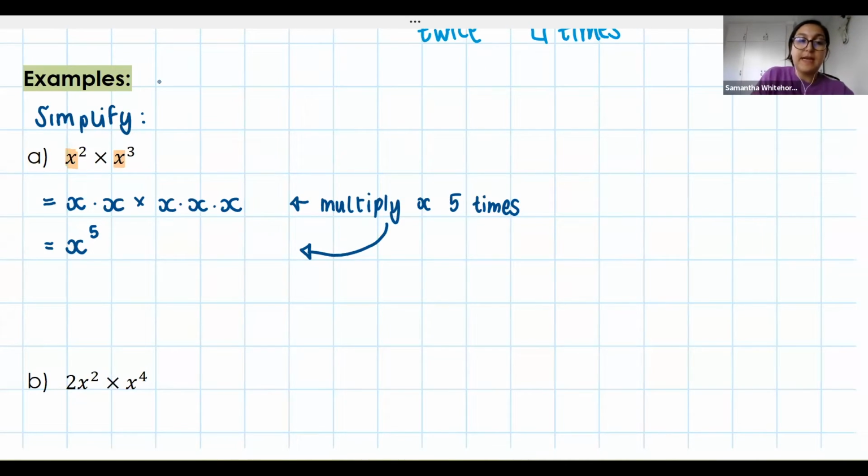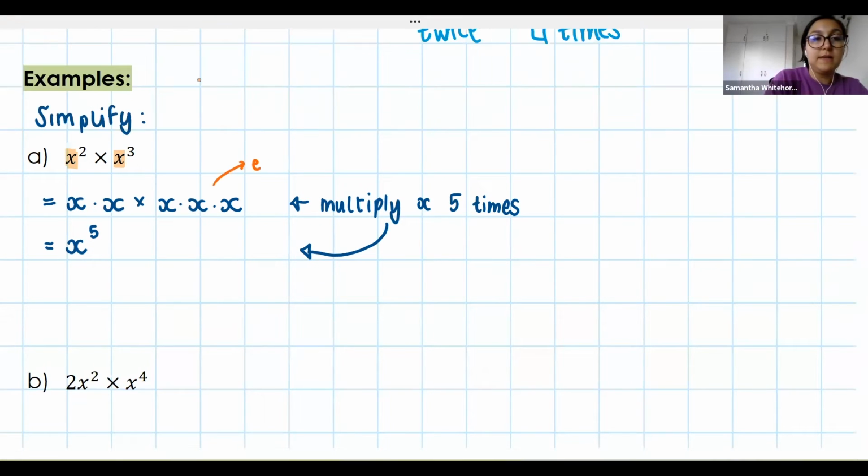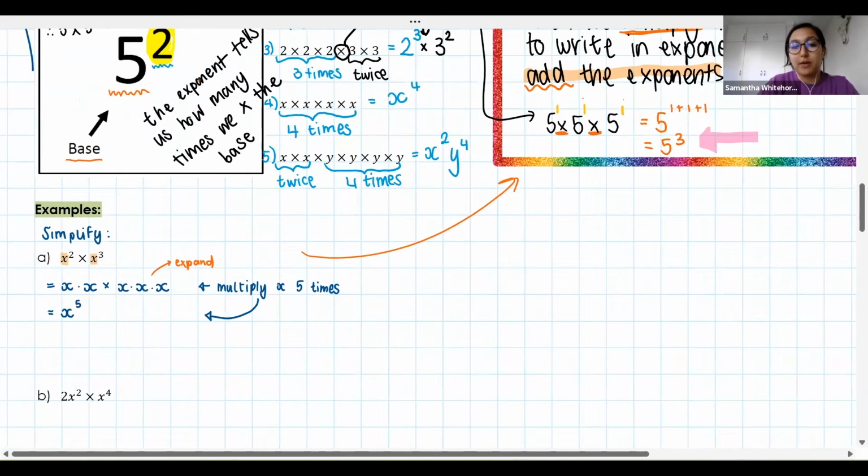Now, again, I would not go and expand. This method here is expanding the original question. The reason I wouldn't do that is because sometimes we can give you quite big exponents. I could have said x to the power 20 times x to the power 30. You don't want to write out 20 x's and 30 x's. But this is why we have our rule that we can apply.